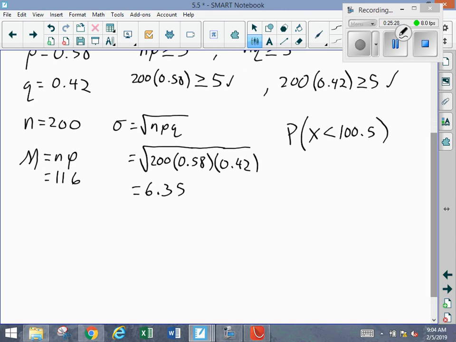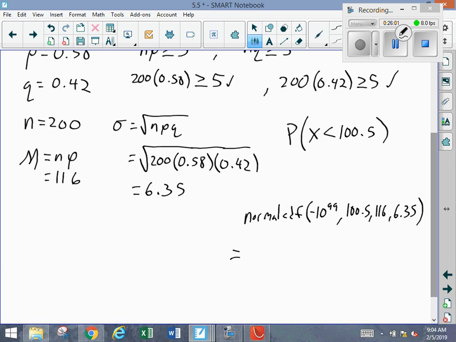Now we can go straight to our calculator and do normal CDF. Our lower bound now is negative 10 to the 99th, right? Because it's everything less than. Our upper bound is 100.5. Mean is 116. Standard deviation 6.35.